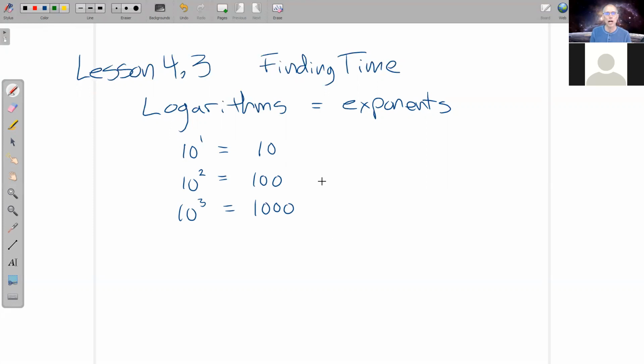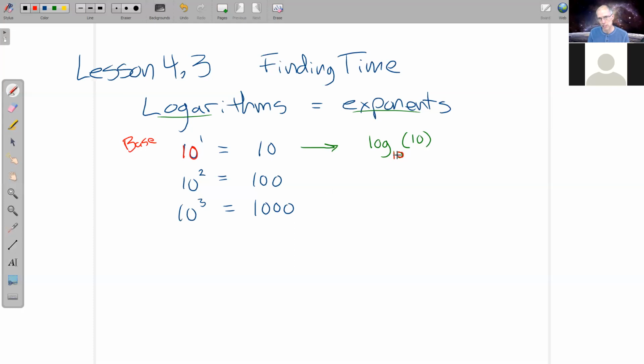How this relates to logarithms is, since a logarithm really means exponent, this gives us another way to write this down that's helpful sometimes. So for example, this statement I can rewrite as log base 10 of 10. The two 10s I have here are, this 10 right here is my base, and I wrote that base right here.